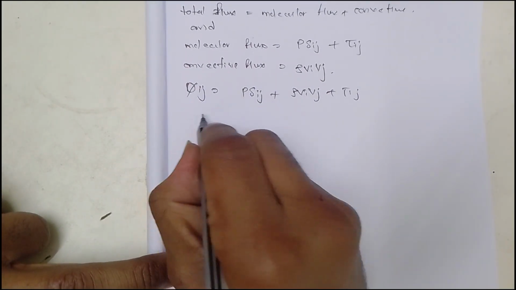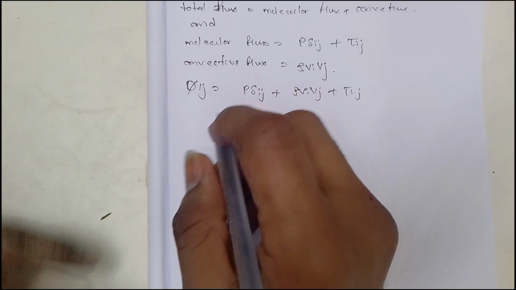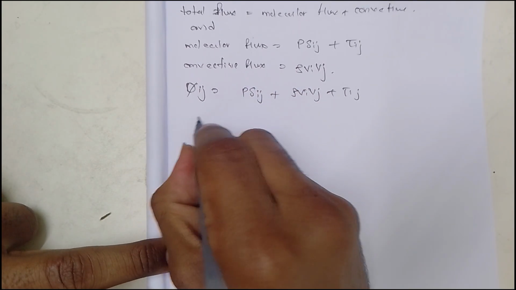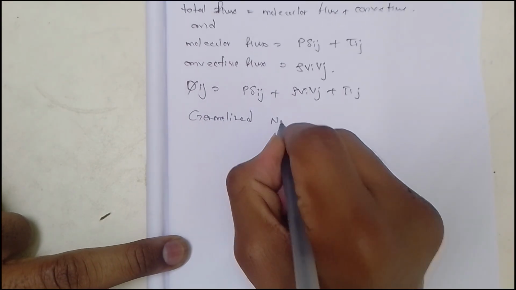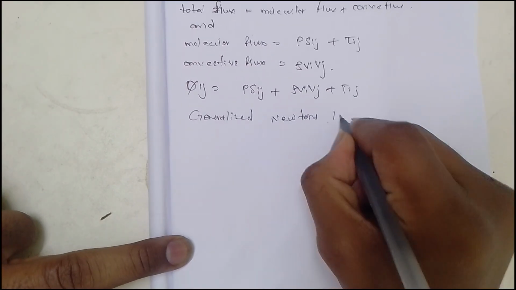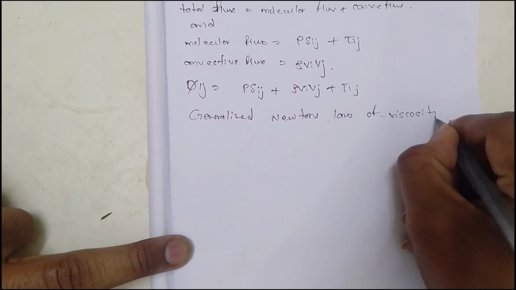And tau ij is the generalized Newton's law of viscosity.